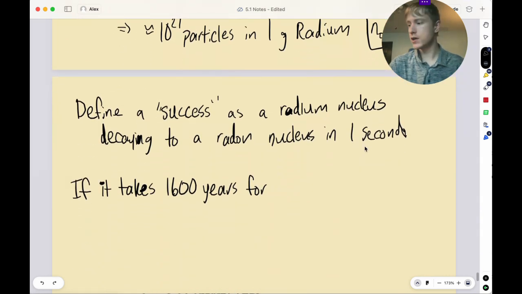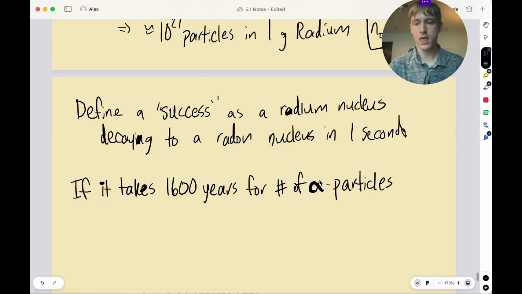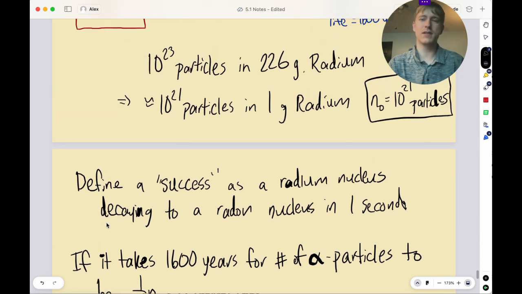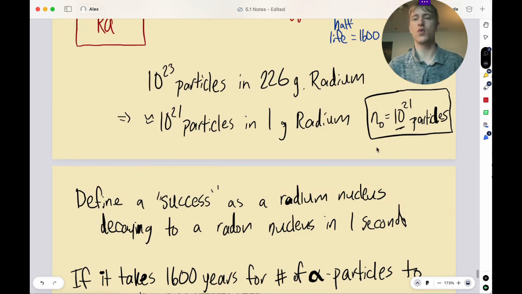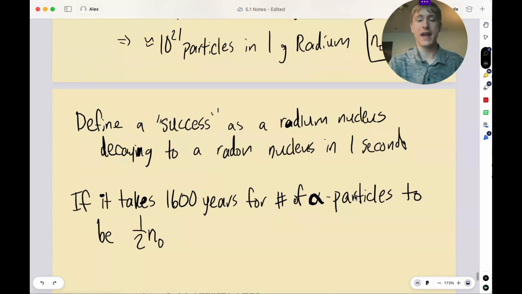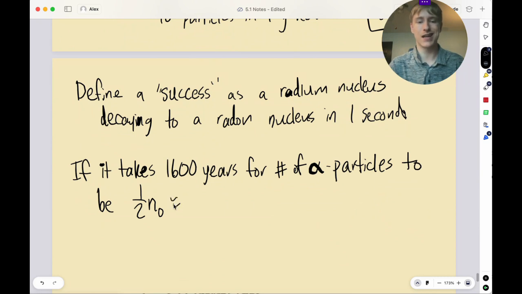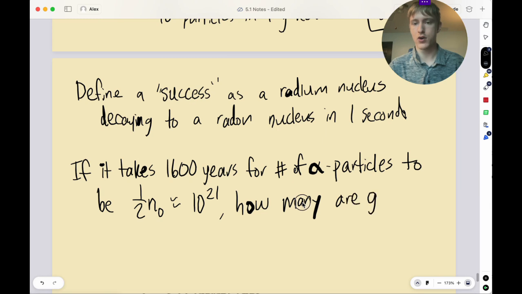So if it takes 1,600 years for the number of alpha particles to be half of n0, well, what's half of n0? If n0 is 10 to the 21, this is actually 10 to the 21 times, say, 2 or a factor of 3 or something like that. So realistically, if we cut that in half, order of magnitude says we're still going to get about 10 to the 21. And we want to know how many alpha particles are generated per second.